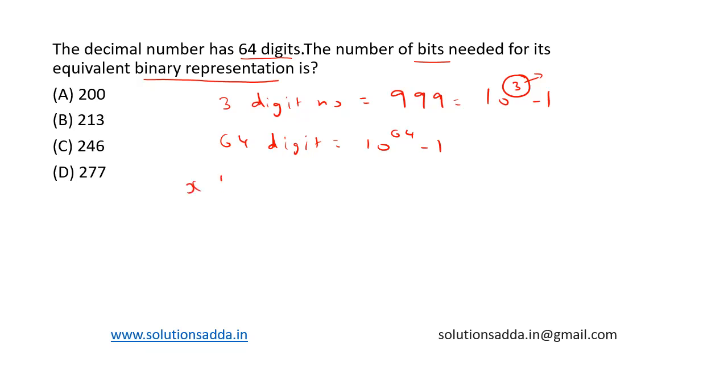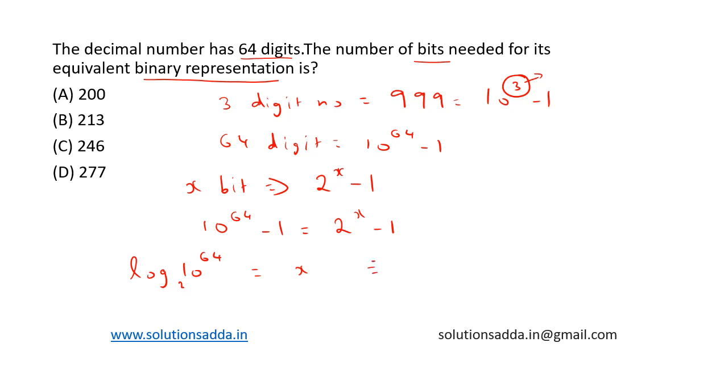So using x bits, the maximum number that can be represented is 2 to the power x minus 1. Suppose we need x bits, then we can equate it as follows. 10 to the power 64 minus 1 is equal to 2 to the power x minus 1. Taking log on both sides, we get log of 10 to the power 64 to the base 2 is equal to x, because log 2 is 1 and log of 1 is 0.